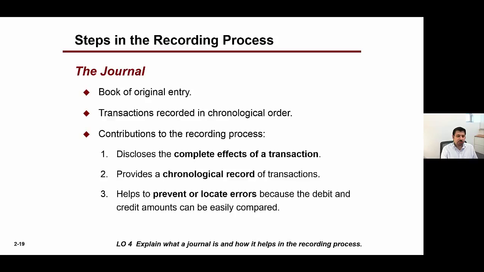Usually for each transaction we have at least one debit account and at least one credit account that is affected. And the journal captures the whole effect of this transaction on both accounts. As you remember, when we were analyzing transactions with the accounting equation, we said that any transaction has a dual effect, which means it affects at least two accounts.